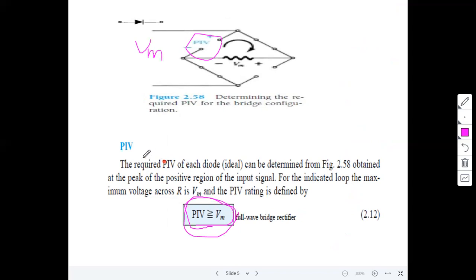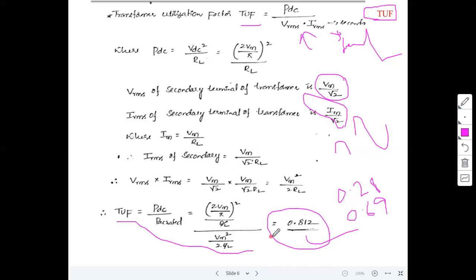Whereas in center tap transformer, that is equal to 2Vm. Now here this value is equal to Vm. Okay, here the minimum is the better. PIV, minimum is the better. And coming to the transformer utilization factor, maximum is the better. Half wave rectifier 0.28, full wave rectifier with center tap 0.69, and full wave rectifier with bridge 0.812, right?